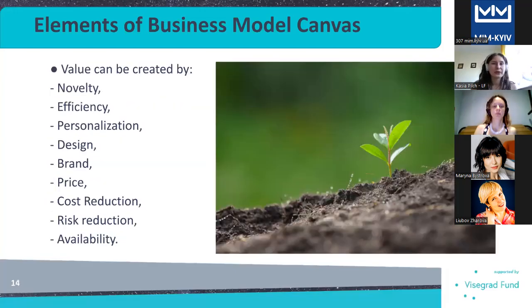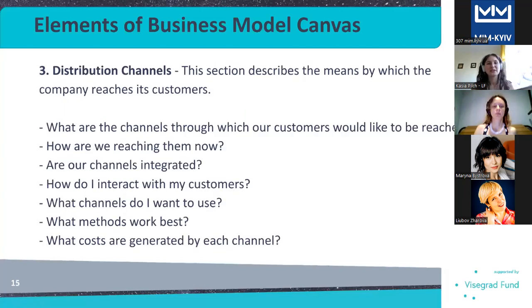And again, it's good to start with this cell while developing the business model Canvas. So another element is the distribution channels. This section describes the means by which the company reaches the customers. For example, it can be through traditional channels such as stationary sales, where you have your store, or you sell your products in some store with a physical location.